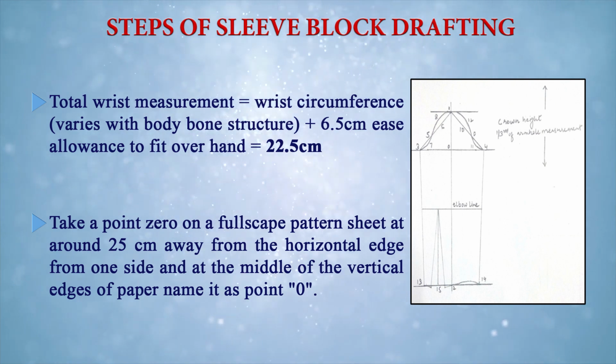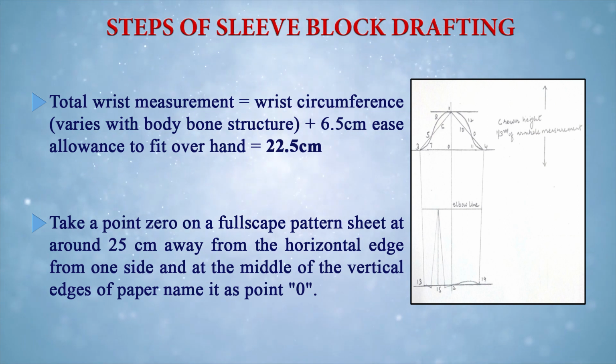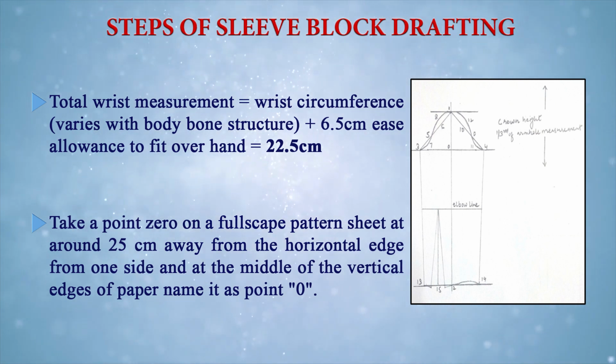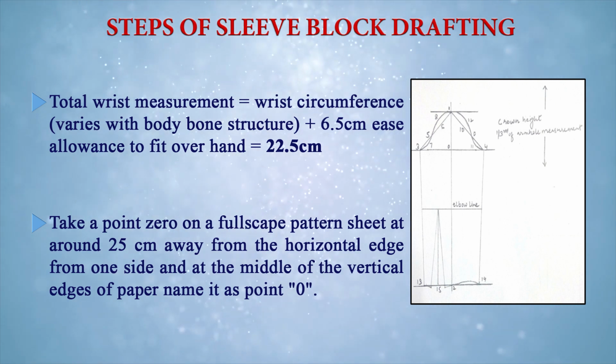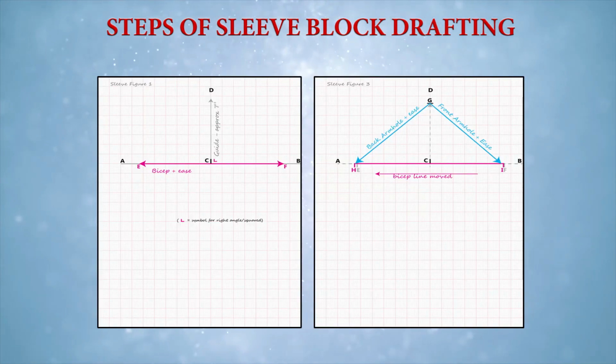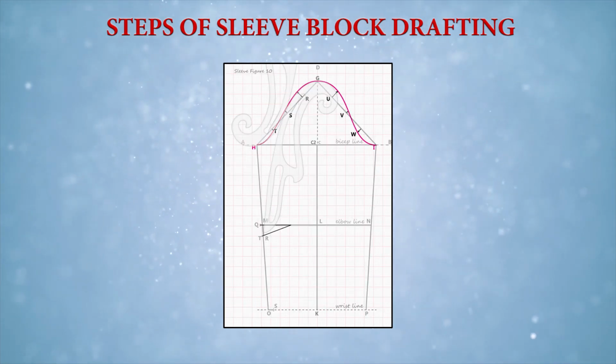As you can see in this picture, we have taken the measurements starting from 0, and in this way we create the basic sleeve block. First we draw the bicep line, then we draw the upper rise of the arm, then we create the armhole shape and make it a proper shape of the sleeve.